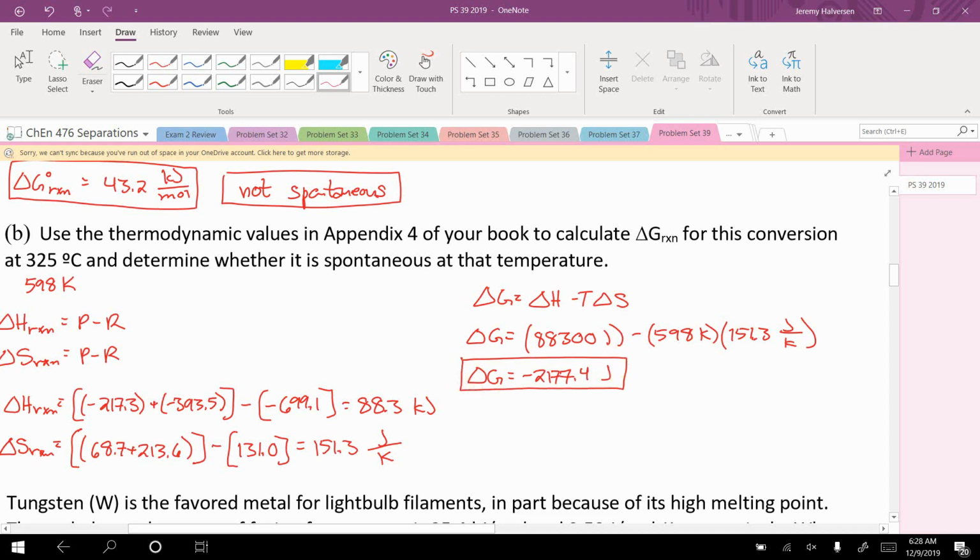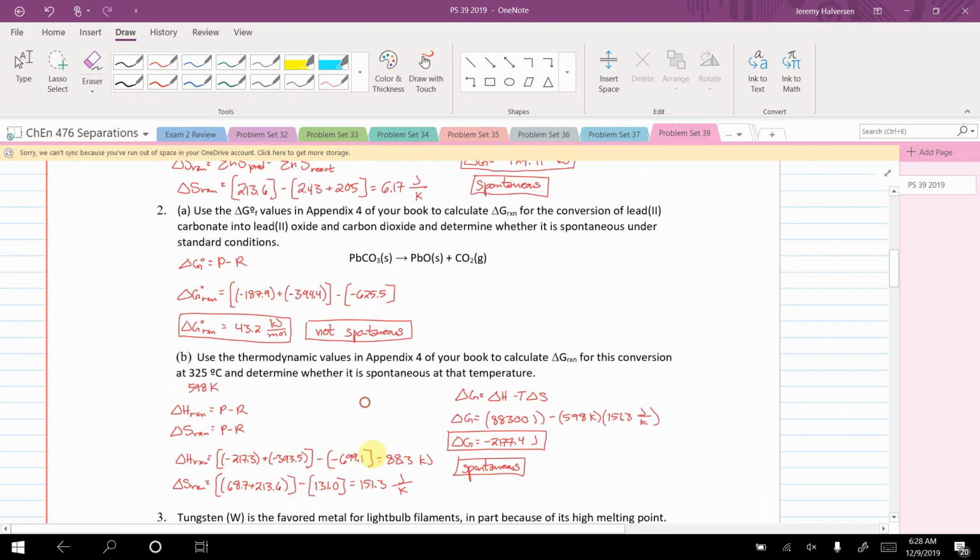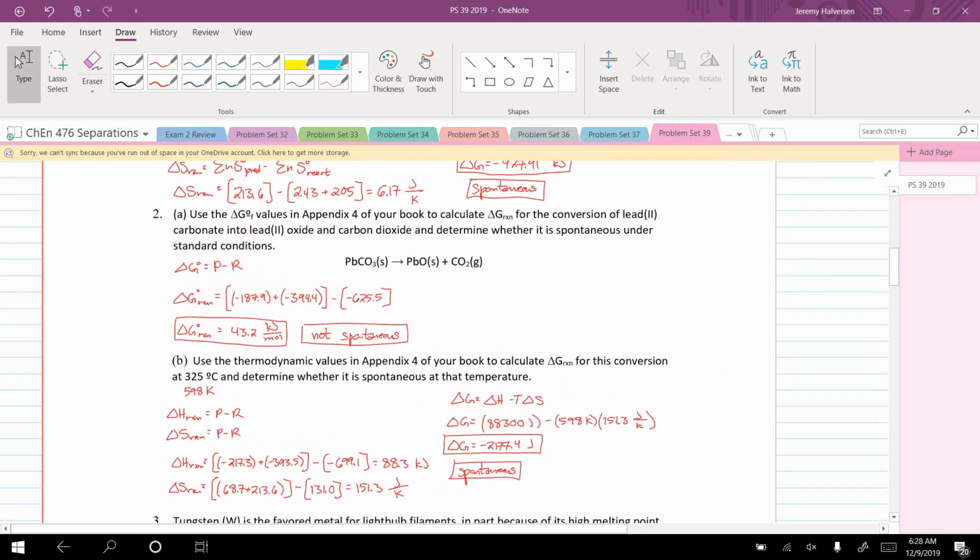So is this process spontaneous at 325 degrees Celsius? Yes. Right, so you can see this is a process whose spontaneity depends on the conditions, because it wasn't spontaneous at standard state, but when we upped the temperature to 325 degrees Celsius, it became spontaneous.